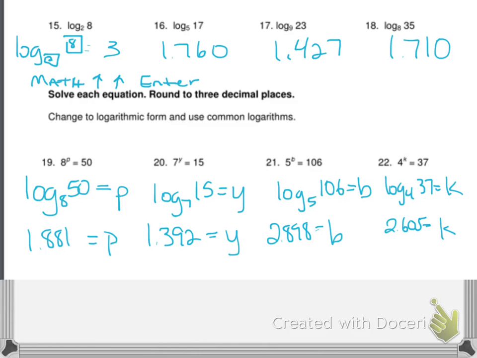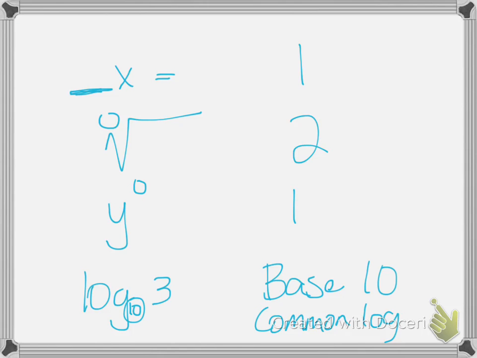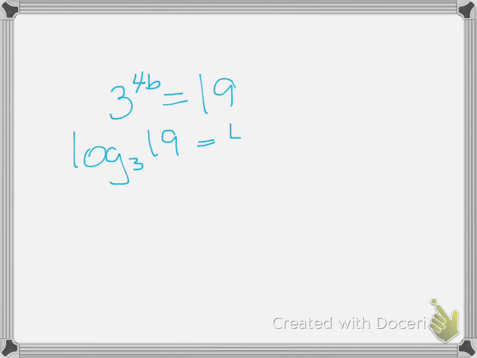There's one last thing that I want to make note of, one last kind of problem, where there's maybe a third step in doing these. So let's say I have 3 to the 4b equals 19. Okay, so that would be log base 3 of 19 equals 4b.